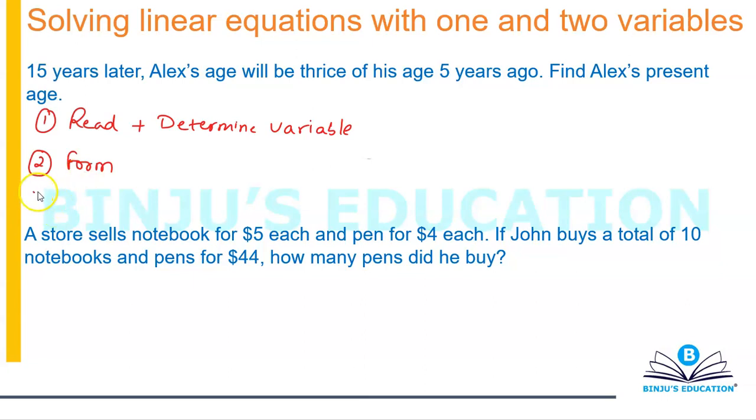The third thing is that you'll have to solve the equation. These are the three things that you will be doing in almost every question. In the case where you have to form the equation, you will restrain yourself to the first two steps. If you have to solve, then you go to the third step also.